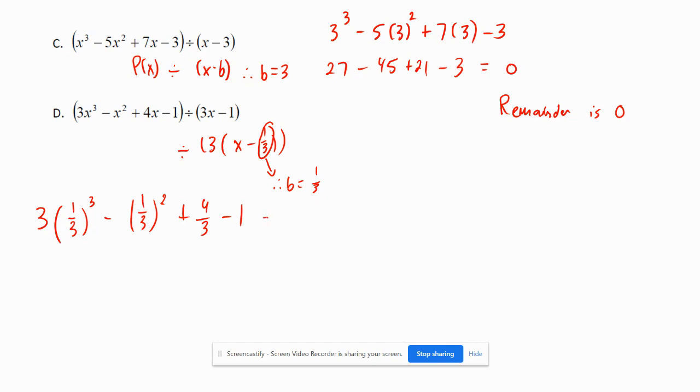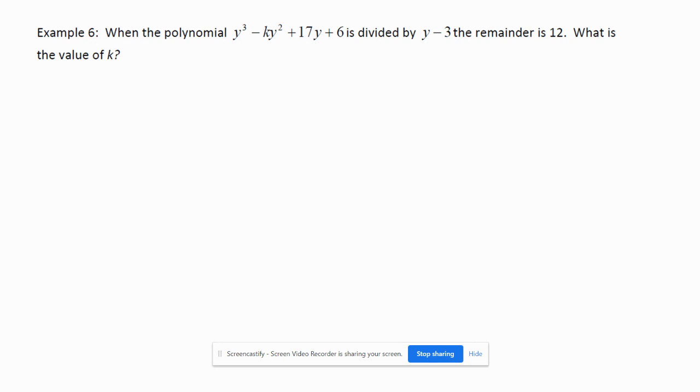And we get a remainder of 1/3. Okay, so that's how those work using the remainder theorem.